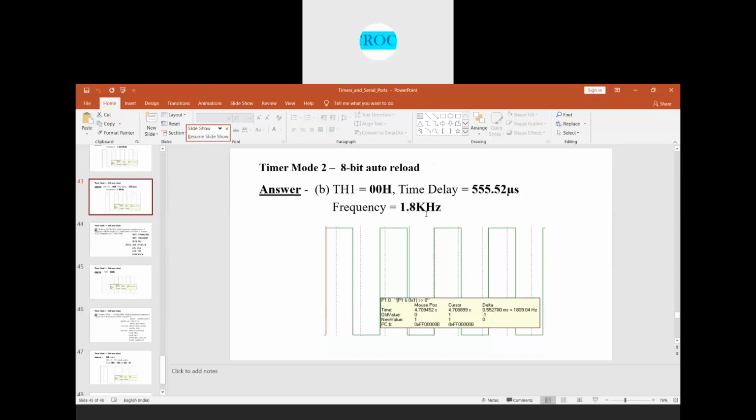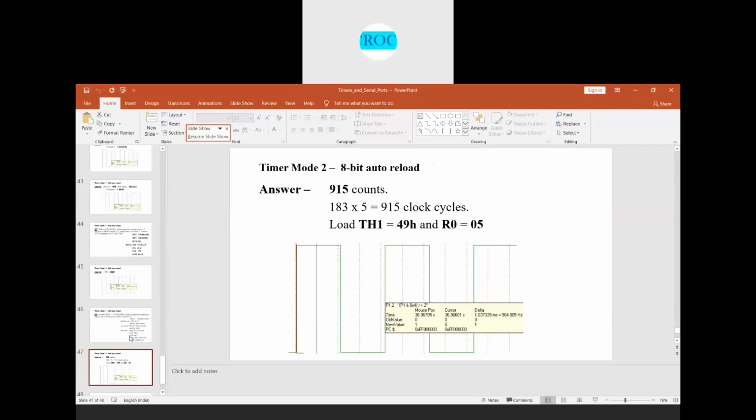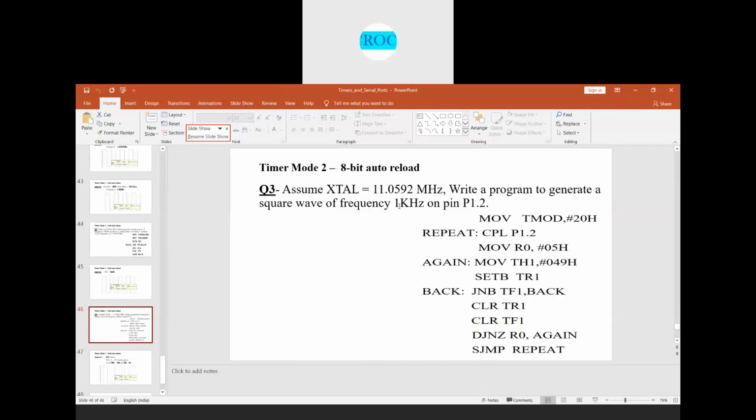For that crystal frequency, the minimum frequency we can generate was 1.8 kilohertz. But here in this question, we need to generate a frequency of 1 kilohertz.